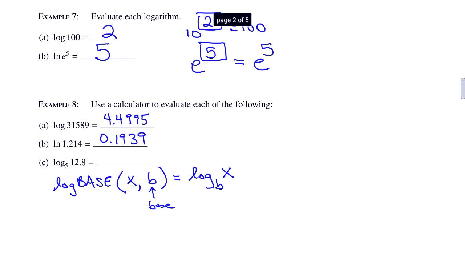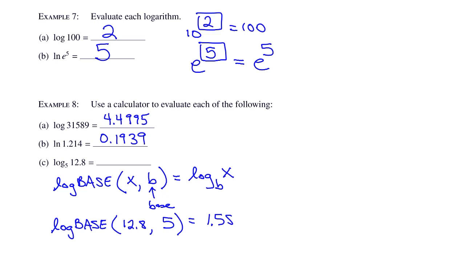To compute log base 5 of 12.8 in your calculator, you would have log base of 12.8 comma 5. And this works out to be 1.5841. If you don't have this special function, you'll have to do it using the base changing formula, which is coming up in a later lesson.